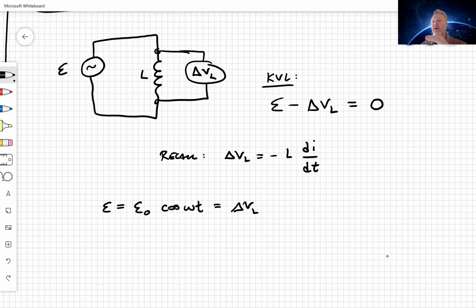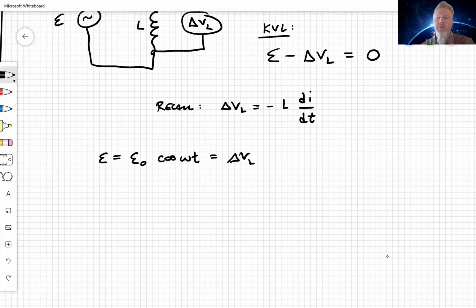So the voltage of the inductor is going to change, and it will allow more current sometimes and block current sometimes. So its effectiveness as a circuit element, the voltage across it, will be changing.